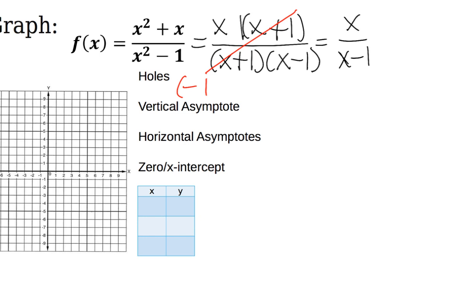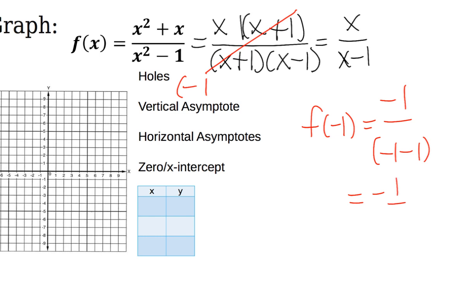So now we want to find our y coordinate, and to find our y coordinate, we're going to put in our input of -1. And when we do that, we have -1 over -1 minus 1. So this is going to give us negative 1 over negative 2, which is going to simplify down to 1/2. So our hole is going to be at negative 1, 1/2.